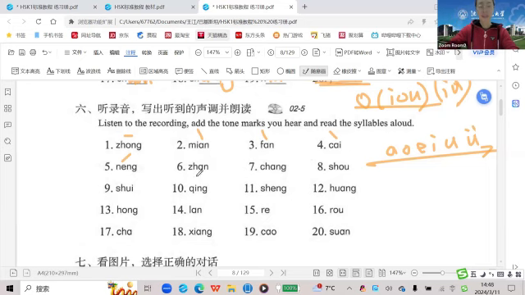Right. Number 6, 站. Okay. Right, very well. The fourth tone. Okay, very good. Okay, number 7, 场.